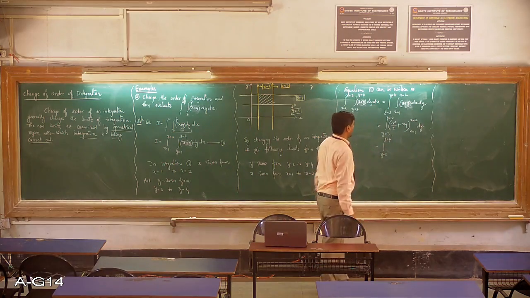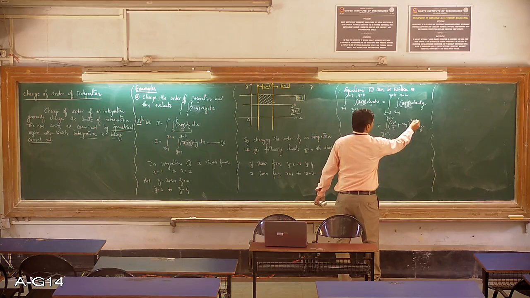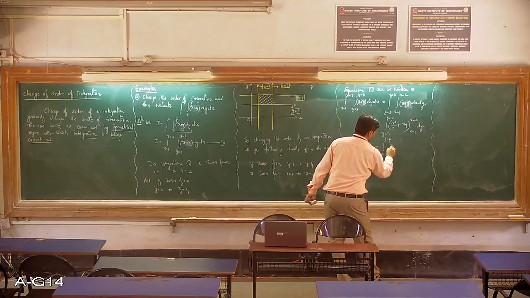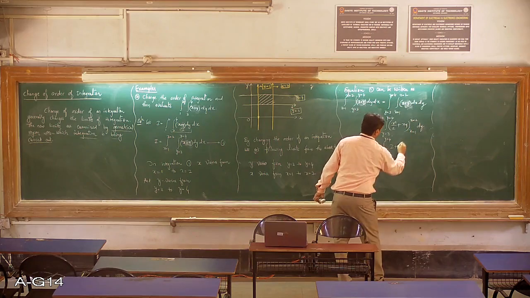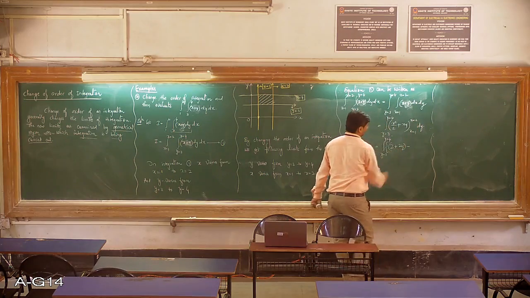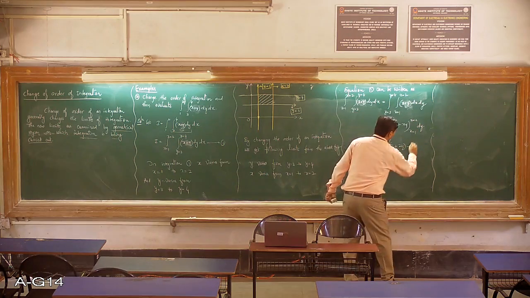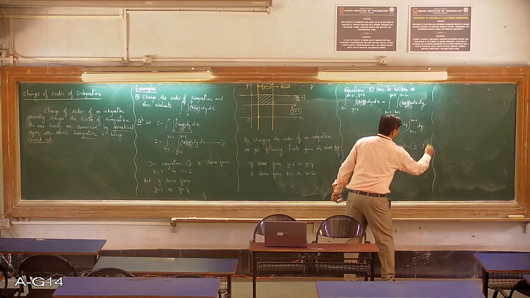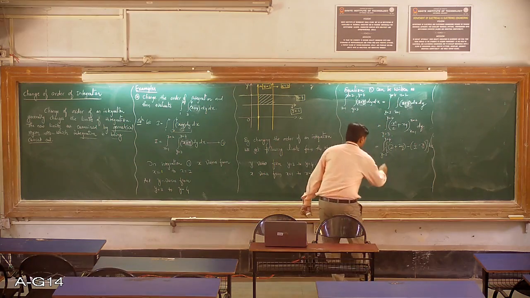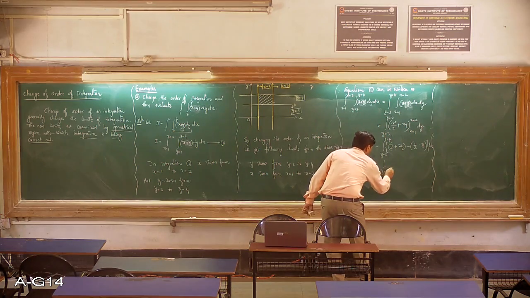Now put upper and lower limit. If you put x equals 2, then 2 square is 4, 4 by 2 is 2, plus 2y for the upper limit, and for the lower limit it is 1 by 2 minus y, into dx. Now integration from y equals 3 to y equals 4.